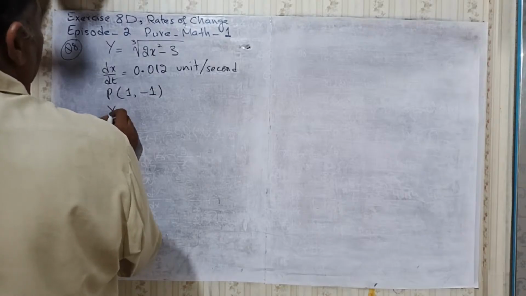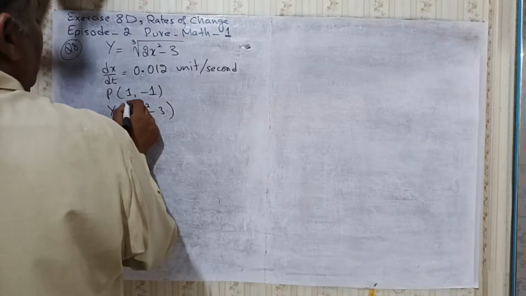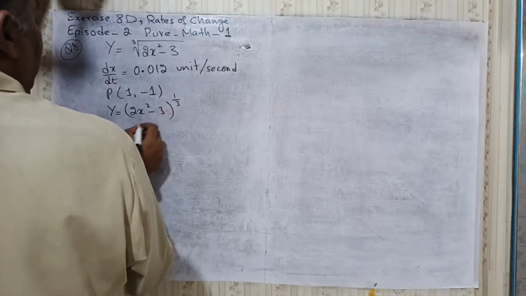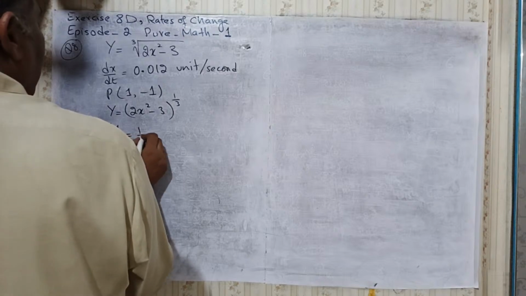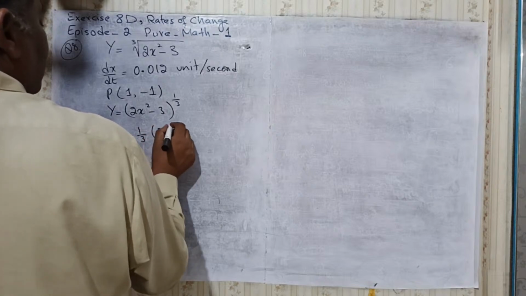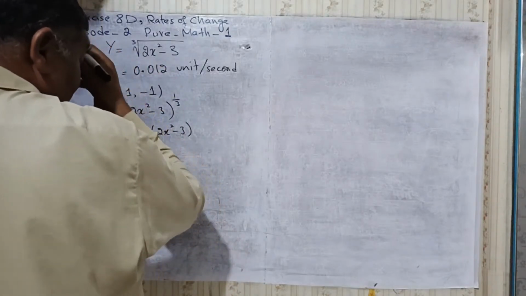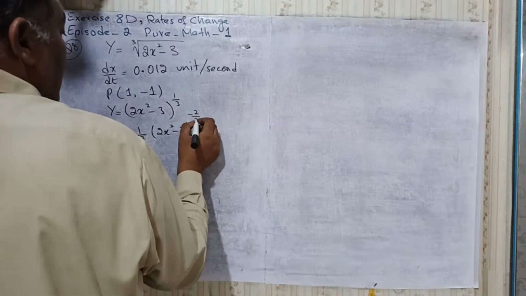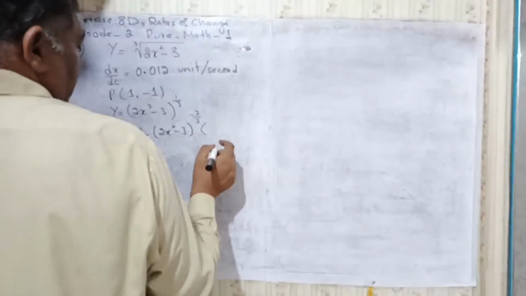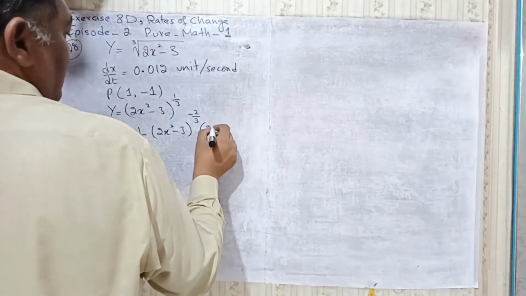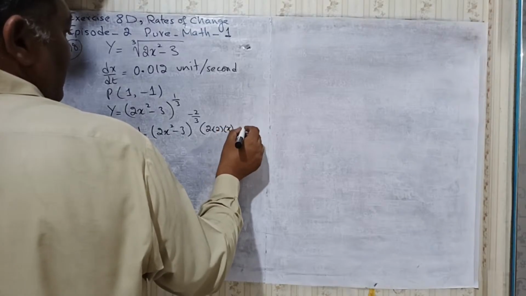I will write that equation. So this is (2x squared minus 3) raised to power 1 by 3. I will differentiate this. dy by dx will be equal to 1 by 3 into (2x squared minus 3) raised to power 1 by 3 minus 1, that will be minus 2 by 3. And then the derivative of the inside, that will be 2 into 2 into x minus 0.